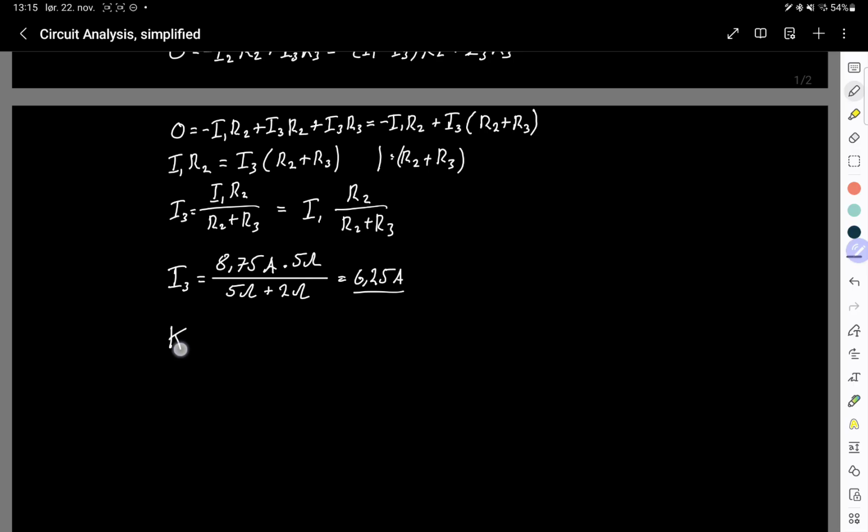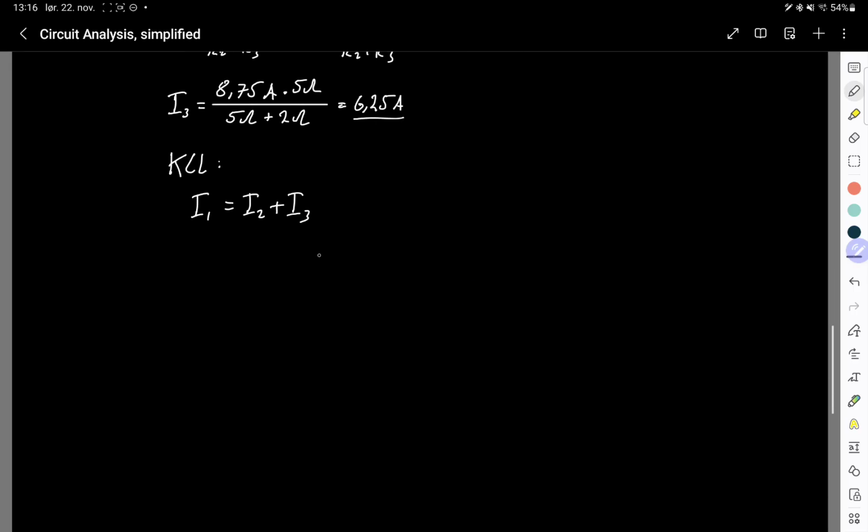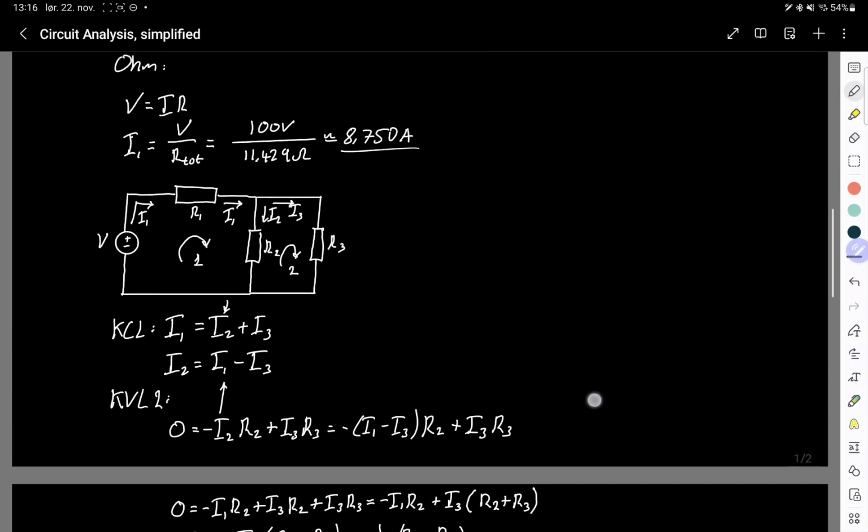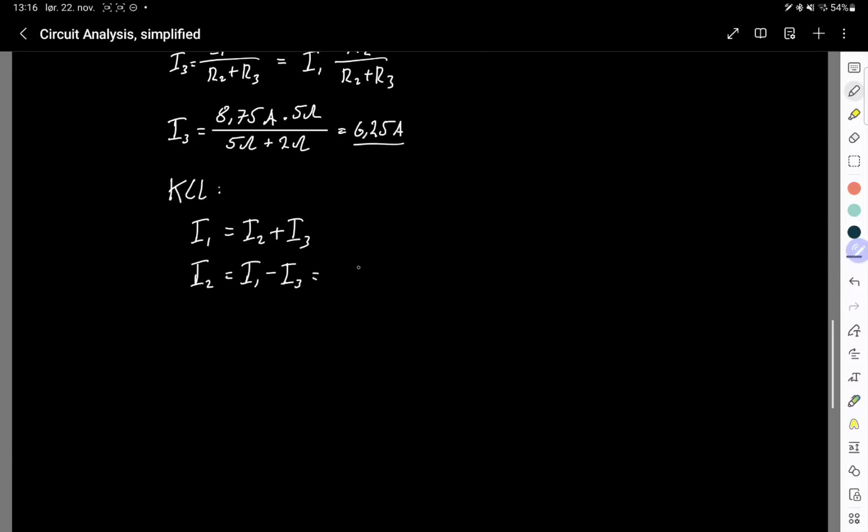Now, we saw that KCL said that I1 would equal I2 plus I3. We now have both I1 and I3, so we can solve for I2. Simply I1 minus I3. And I1, let's check what that was again. 8.75, of course it was. Minus 6.25 will equal 2.5 amperes.